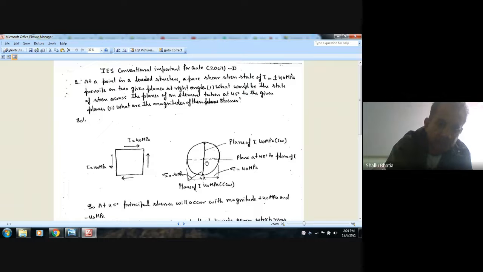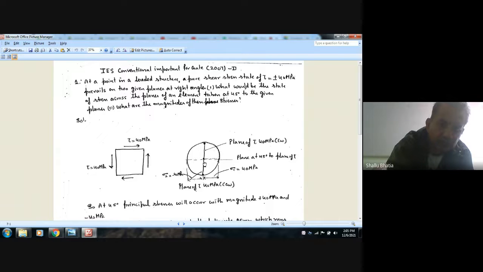So the Mohr circle will be symmetrical about the origin. The maximum normal stress is this sigma 1 on the x-axis and the minimum normal value is minus 40 MPa. So principal stresses are at 45 degrees to the plane of maximum shear stress, and these are also equal in magnitude to the tau, because they are also the radius of the circle.